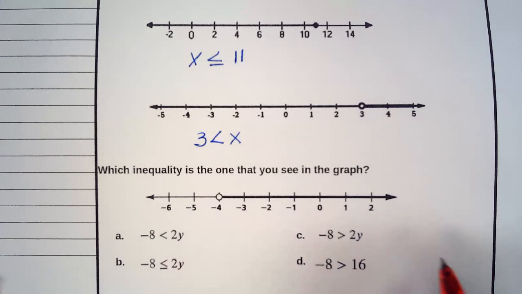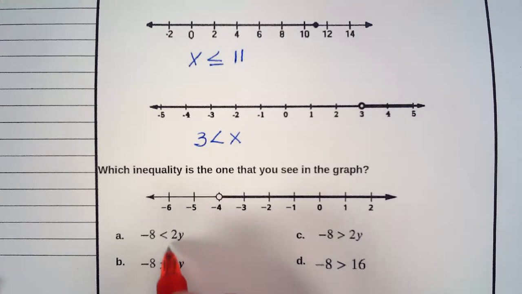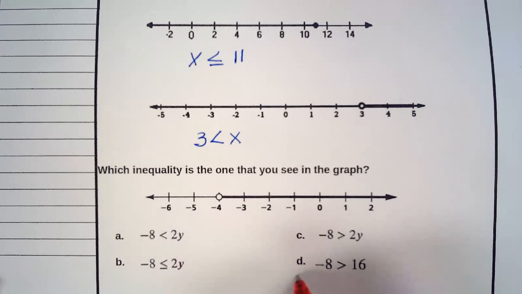So I'm looking for something that is less than. So it could be one of these two. This one doesn't work at all because negative 8 is not greater than 16. And in this case, this is greater than, so it will not work.